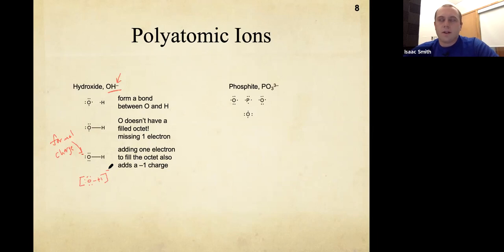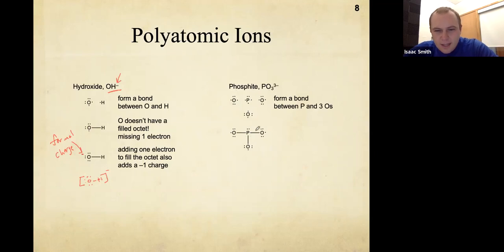All right, for phosphite, so let's go ahead and walk through it here, like the Lego approach. So you can create bonds between this oxygen and phosphorus, this oxygen and phosphorus, and this oxygen and phosphorus. All right, and I guess, sorry, before I go there, oxygen has 6 valence electrons, phosphorus has 5, right? So that's what we do first, and then we draw on the bonds, okay?